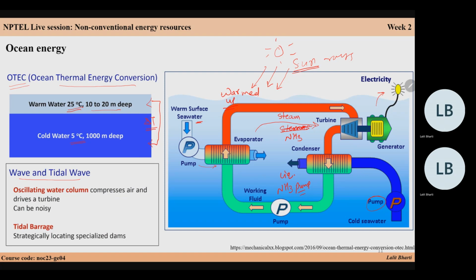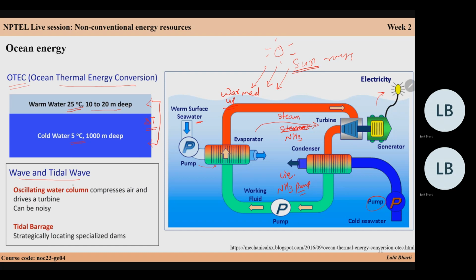So these cycles run continuously, and we get electricity by this temperature gradient. So this is the first type, the ocean thermal type of energy.